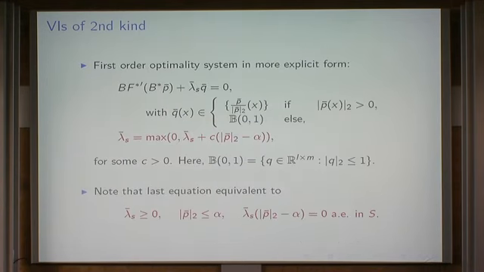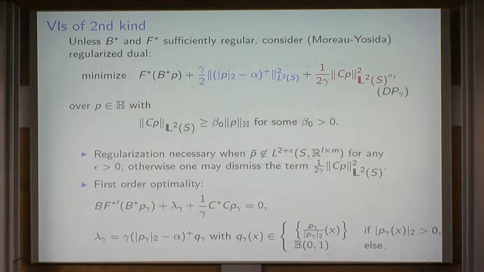Okay, so now let's do what we did before lunch. We would say, okay, we take the indicator function of that set. We take its Moreau-Yoshida regularization. I'm leaving out the lambda bar. You know that I could also bring in the lambda bar in order to be more general, but I just would like to simplify the discussion at this point. Ignore the red term for the time being. Then this would look like what we have seen earlier.